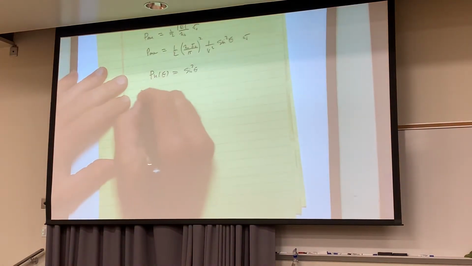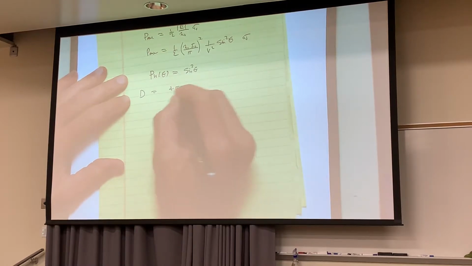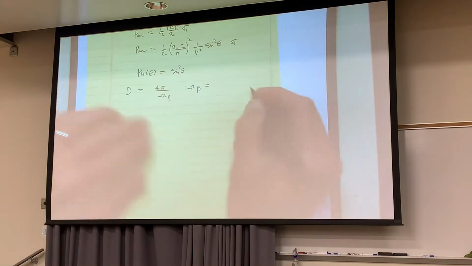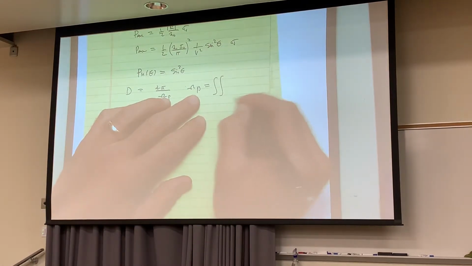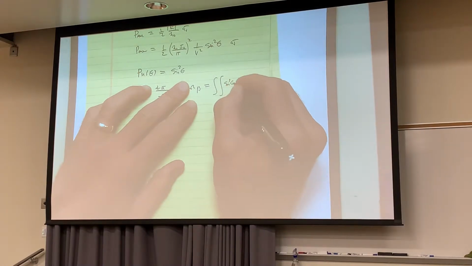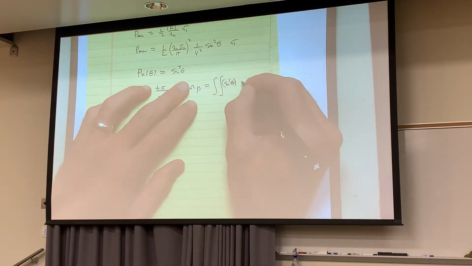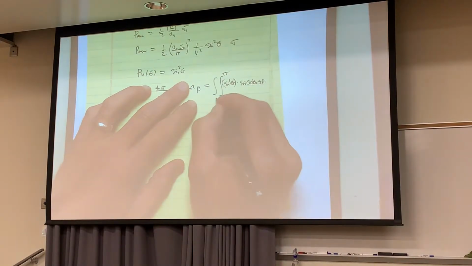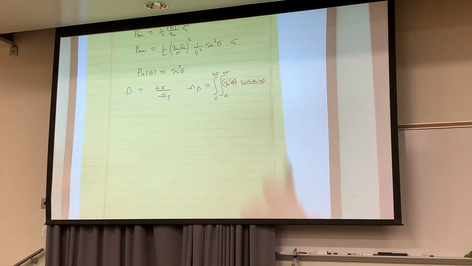Now I know directivity is really 4 pi over what's called the solid angle, right? And that solid angle is equal to the double integral of the normalized power density, sine squared of theta, times sine of theta d theta d phi. Theta goes from 0 to pi, and phi goes from 0 to 2 pi. You all remember that?